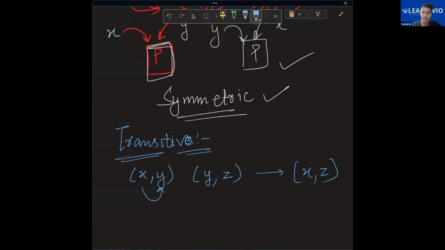If x is related to y and y is related to z, then x must be related to z. This is transitive.